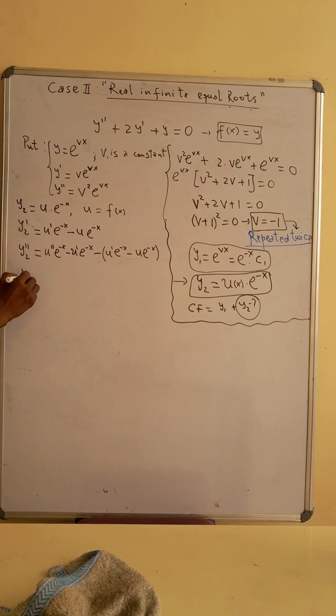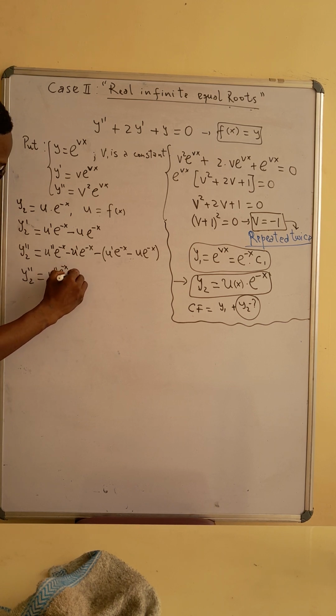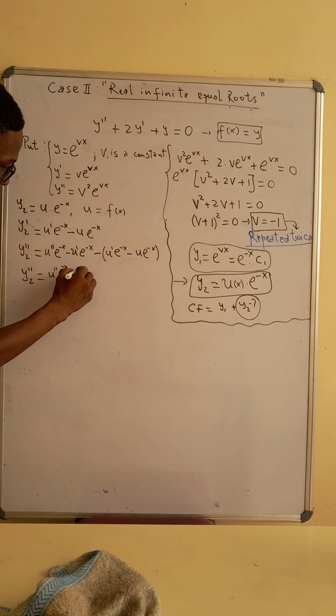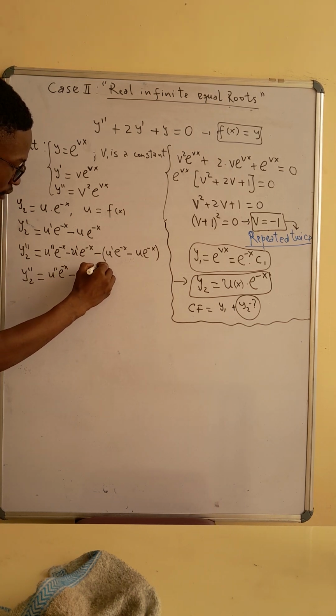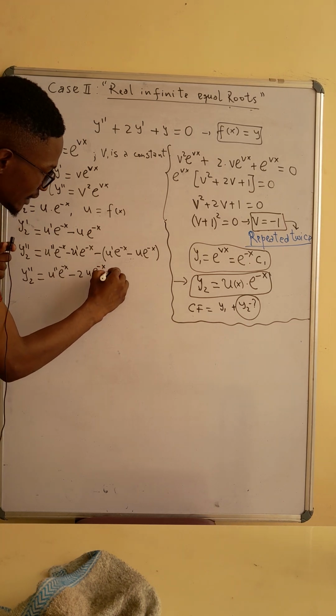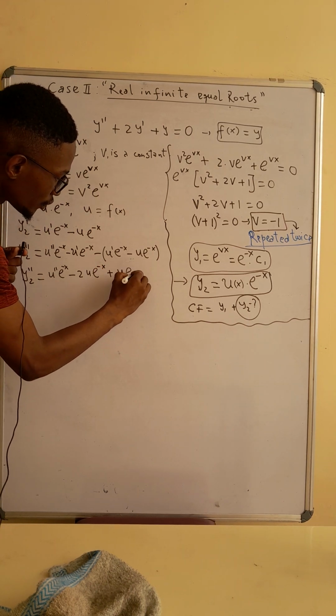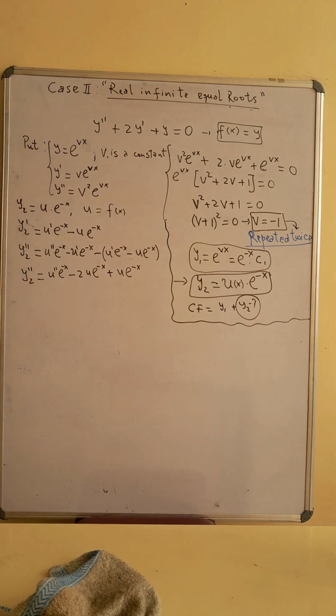Now it means that y double dash will be u double dash u raised to minus x, minus this and this, minus 2u dash Euler raised to minus x, then plus u Euler minus x.